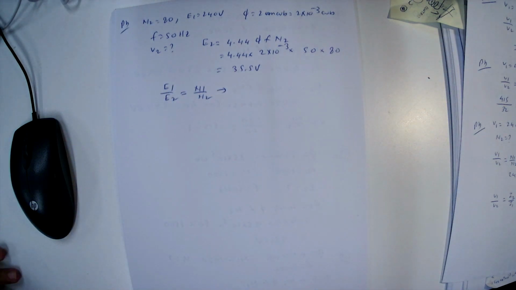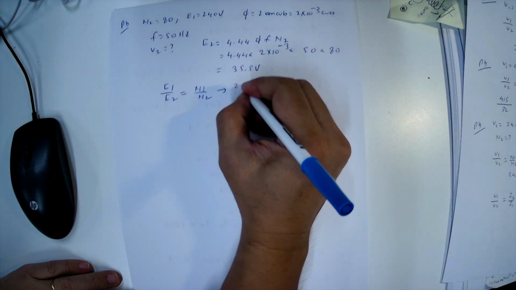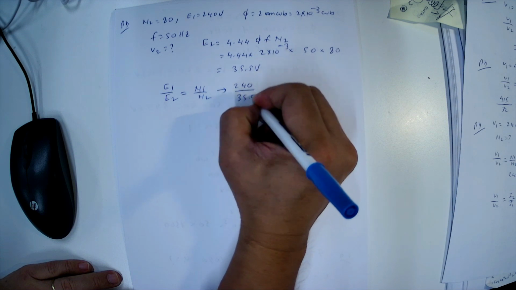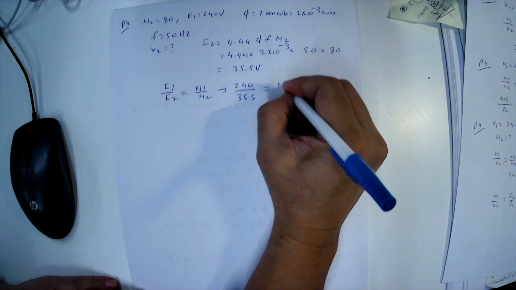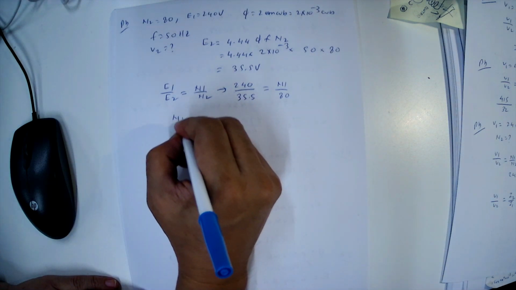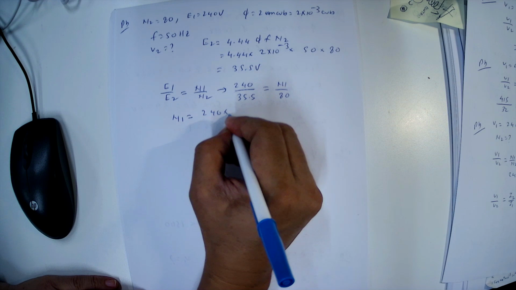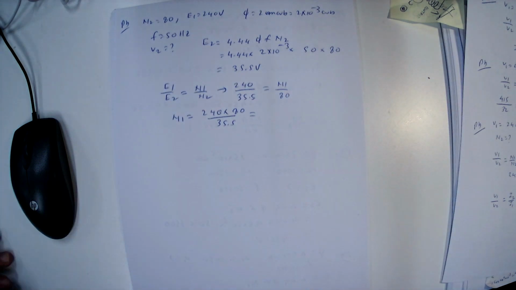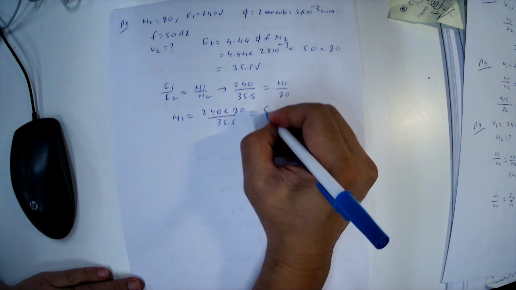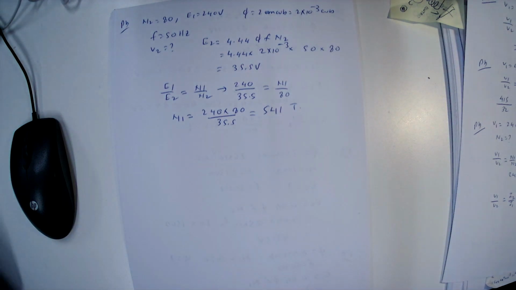In this equation, E1 is 240 volts, E2 is 35.5, N1 is unknown, N2 is given as 80. So we can find N1: 240 multiplied by 80 divided by 35.5. We can calculate there will be 540.5 turns, around 541 turns. Primary turns is 541.